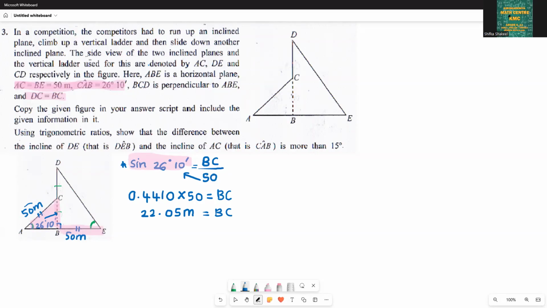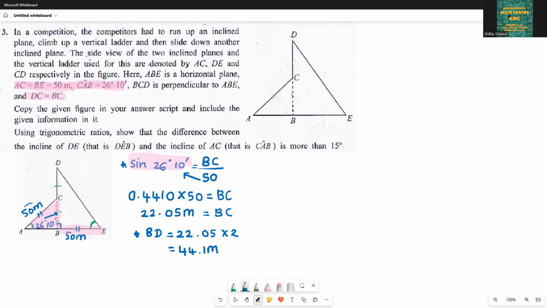Since BC and DC are equal, we can find the length of BD now. 22.05 should be multiplied by 2, or you can add it twice. You will get 44.1 meters. That is the length of BD.